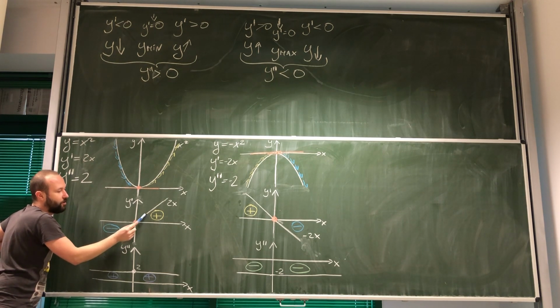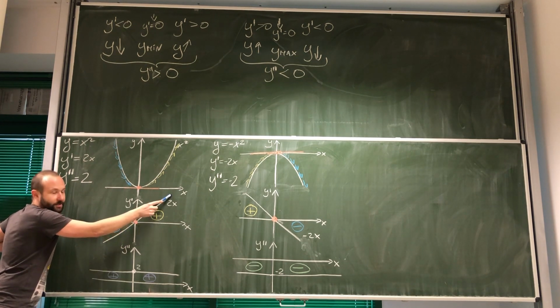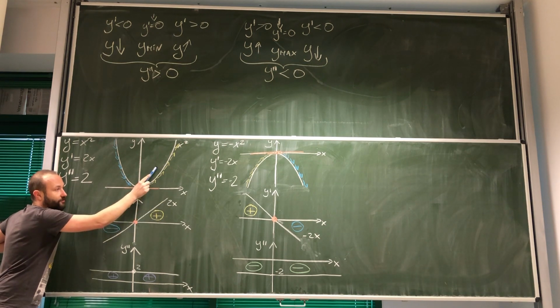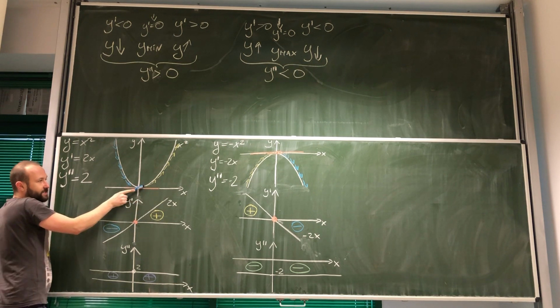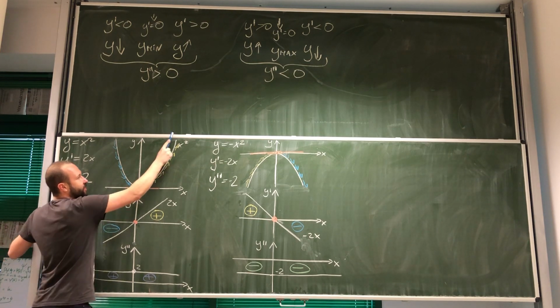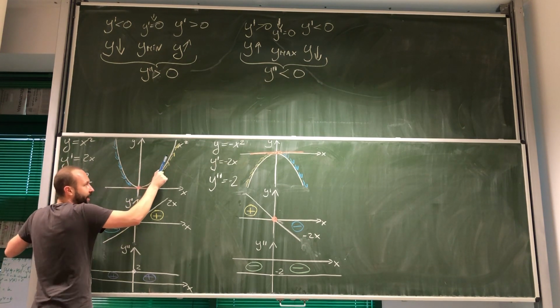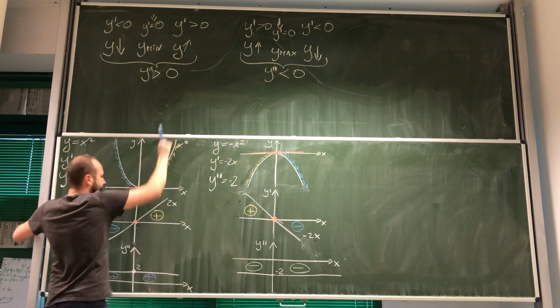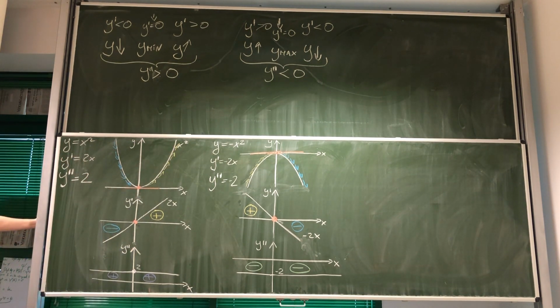But it's becoming more and more positive. What does it imply for our function? That it's increasing, but it's increasing faster and faster, which means that it gets steeper and steeper. So, this is another piece of very useful information.